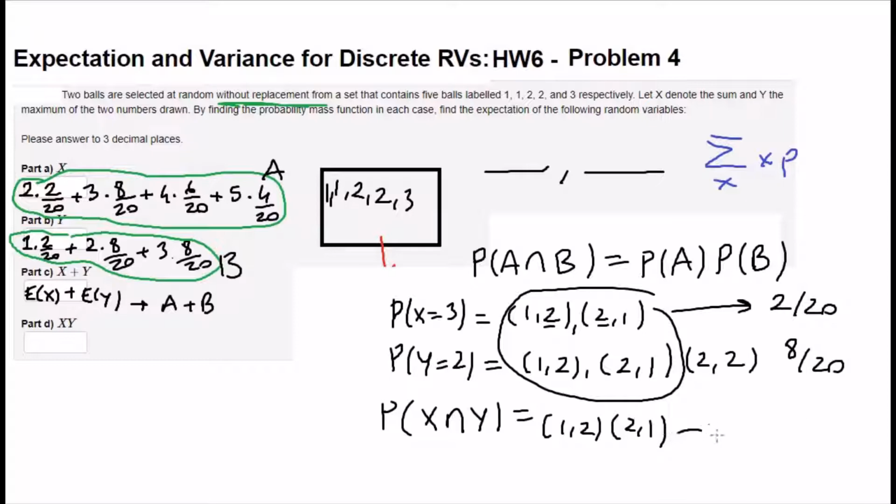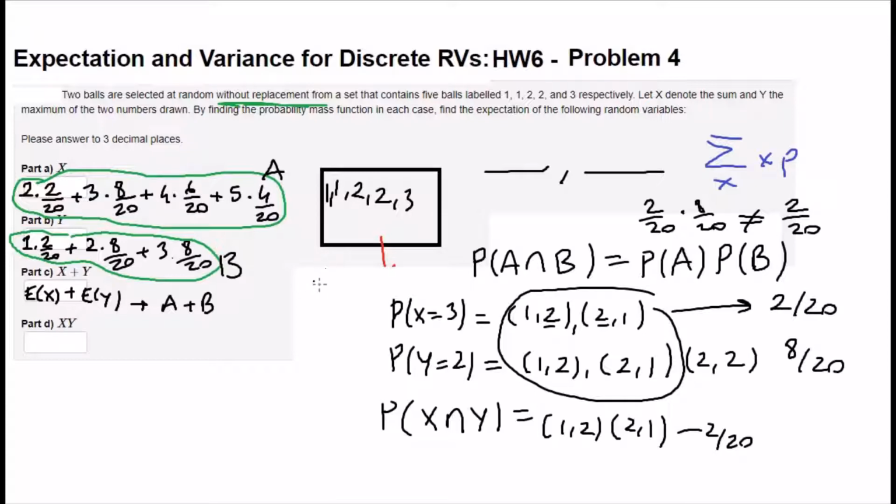And this is 2/20. And if we multiply 2/20 times 8/20, it is not equal to 2/20. So their product is not equal to their intersection. So we know that these two events are not independent.